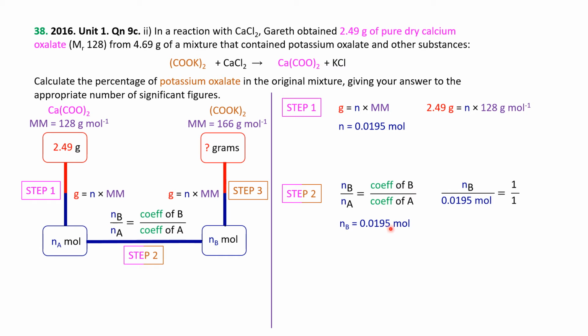So we've got 0.0195 moles here of the potassium oxalate, which we then convert to grams. 0.0195 moles times the 166 grams per mole. So in this sample, we had 3.24 grams of the potassium oxalate. Haven't quite finished yet.